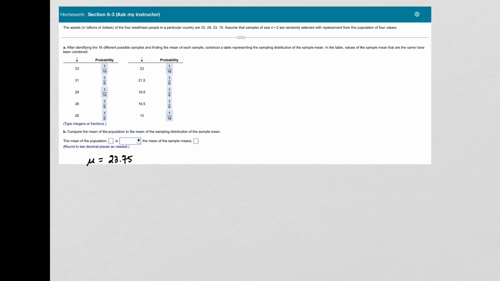How do I know it's going to be equal to? Because the mean is a good estimator. It's an unbiased estimator. So I know that the mean of the sample means is also going to be 23.75. I can calculate it by putting the X bar values into L1, and L2 would be the probability of X bar, and then calculate one variable stats with L1 as the list and L2 as the frequency list.